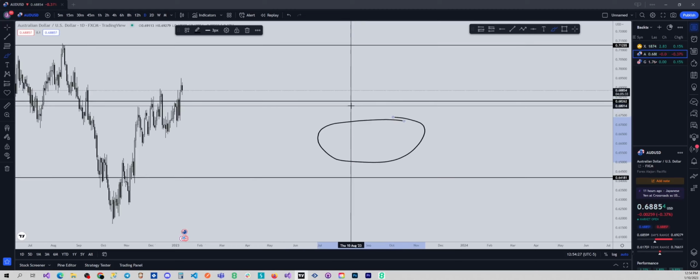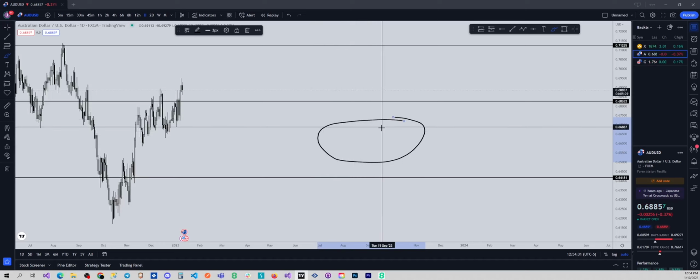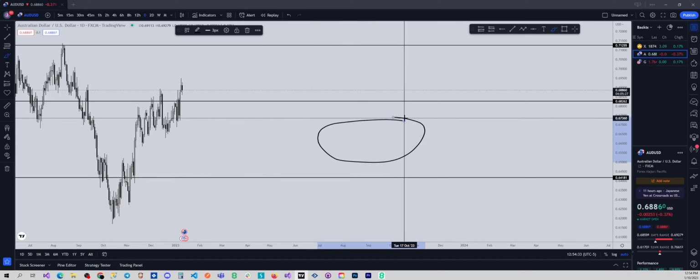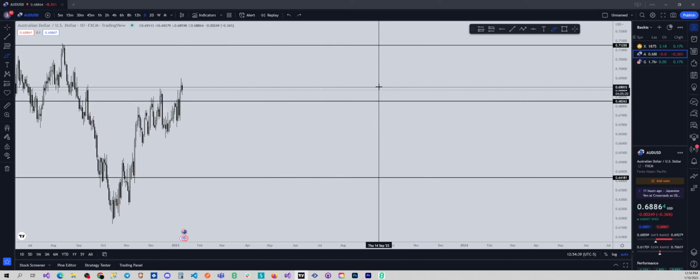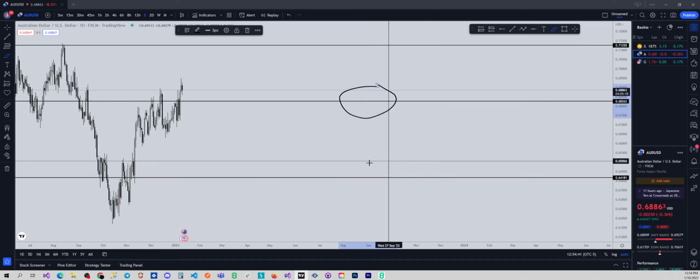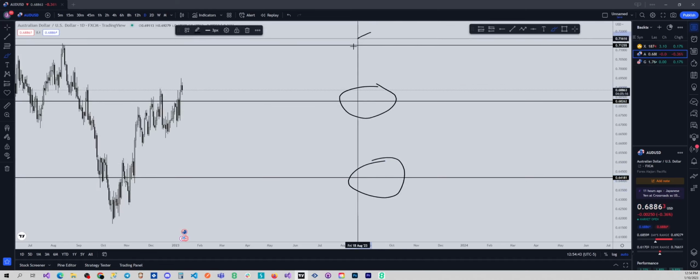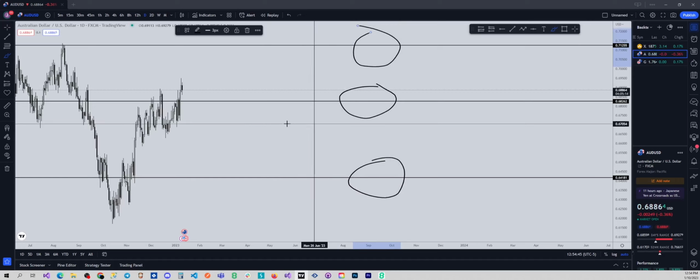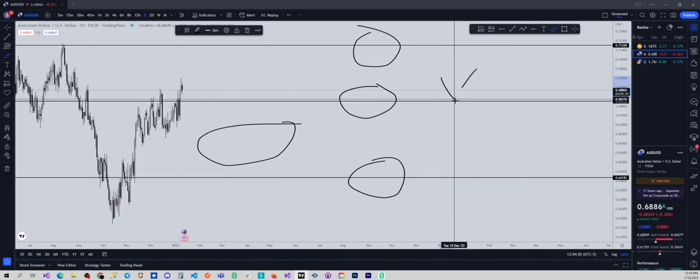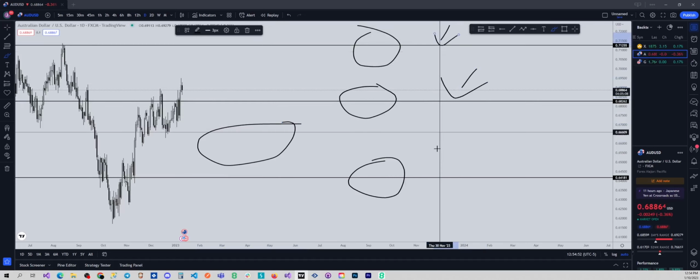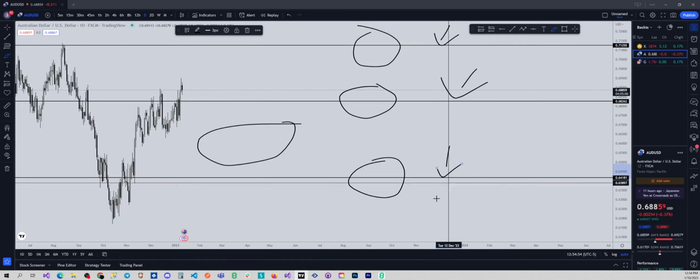You can understand some things within price if it's in the middle of nowhere, but what makes price more valuable is when you look at price action within a certain area, like a level of support or a level of resistance, some kind of key level. Price in the middle of nowhere we don't really care about, but if it's within some kind of zone, that's when price is even more significant.